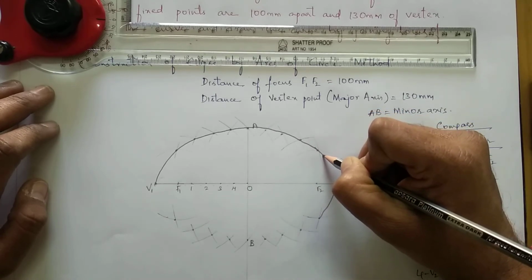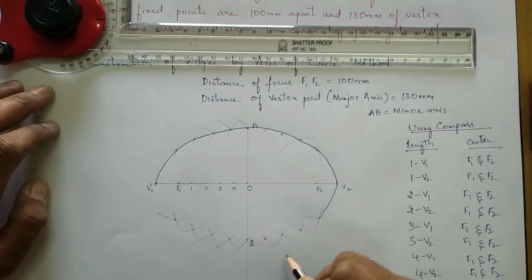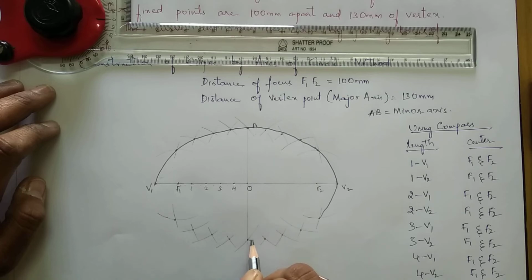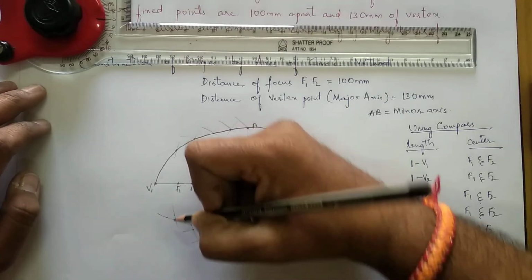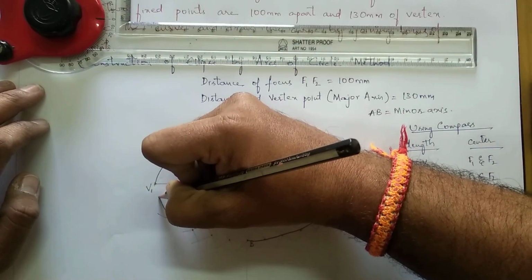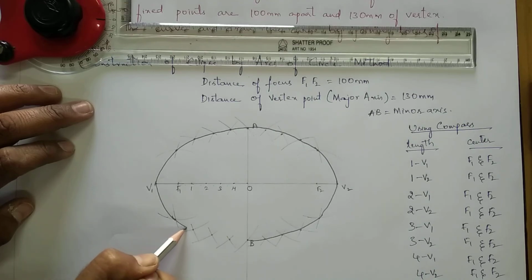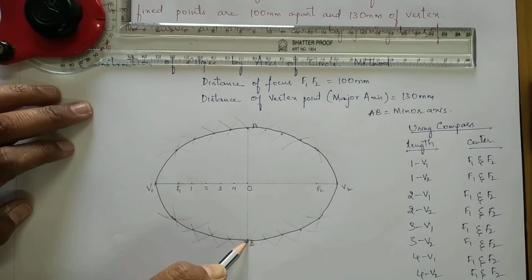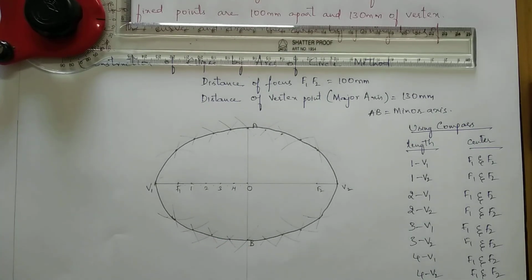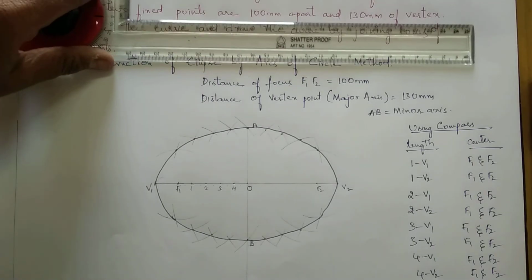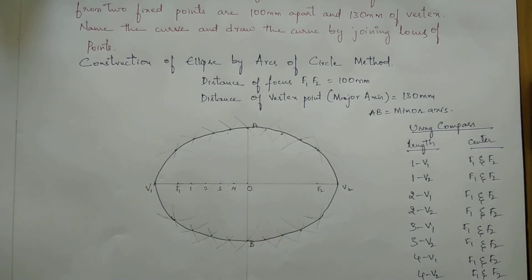It should start from the vertex with a smooth curve. So this is how we go ahead with the construction of an ellipse by using the arcs of circle method.